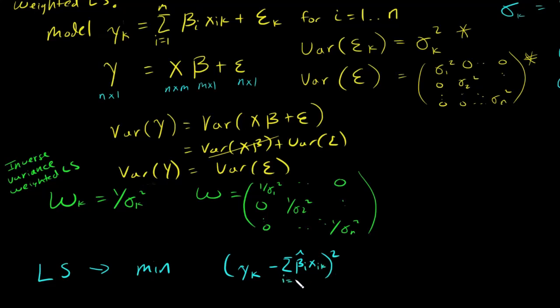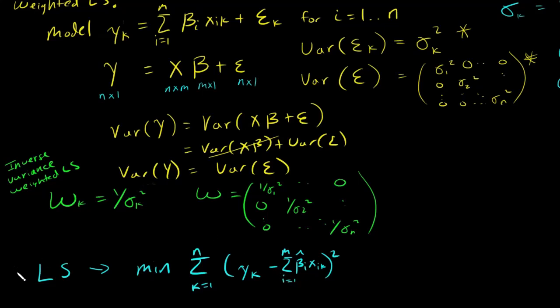Okay, so i equals 1 to m, and then we would sum from k equals 1 to n. So this is the idea behind ordinary least squares. You minimize this square function.